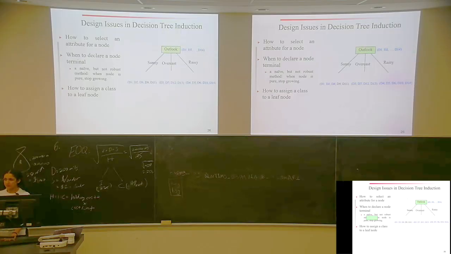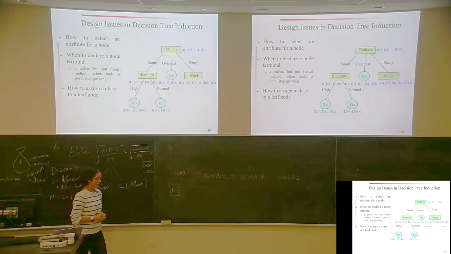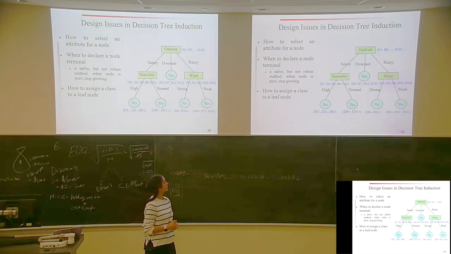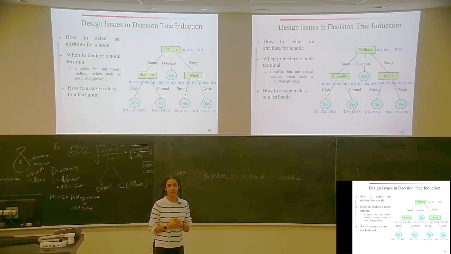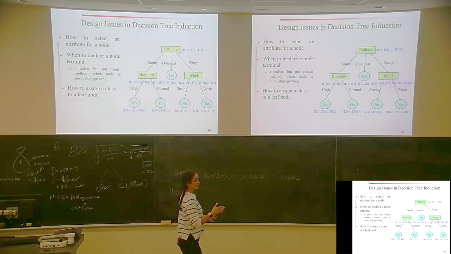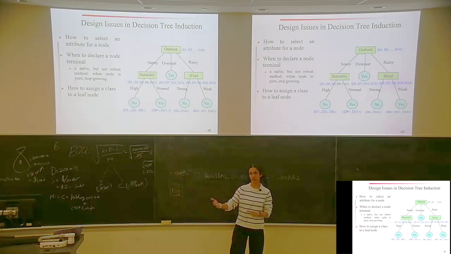Now there are several important points here. The first one is how to select the best attribute. That's what I'm going to explain. Second, when to declare a terminal node. That is, you already know, right?